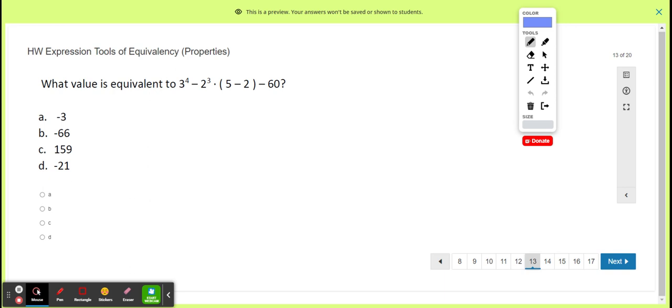Number 13, we're going to expand the exponents out. This means 3 to the power of 4, which means 3 times 3 times 3 times 3. So that's our first exponent. Then we go to the next one, 2 to the power of 3, 2 times 2 times 2.